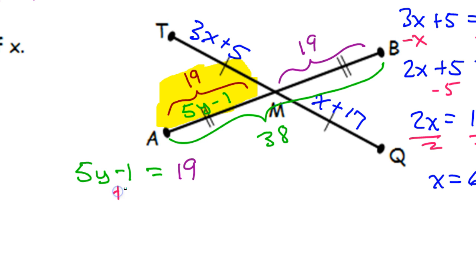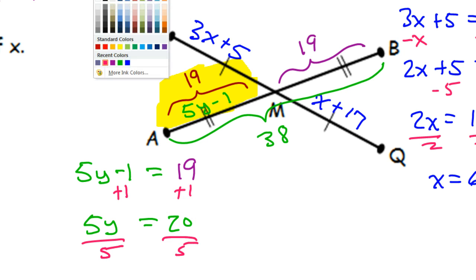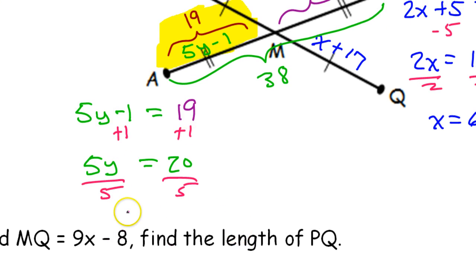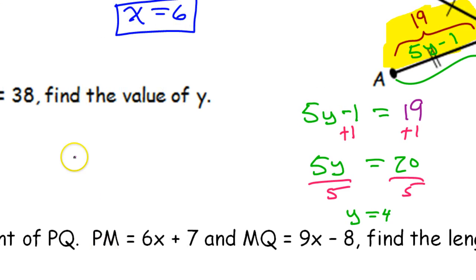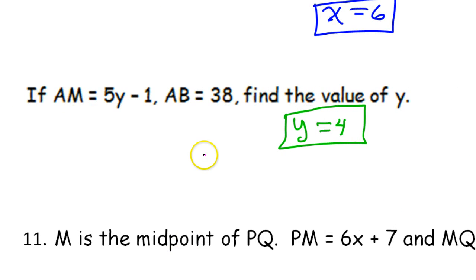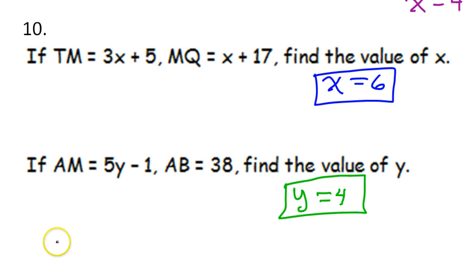Let's add 1 to both sides, and that's going to give me 5y is equal to 20. And then we will divide both sides by 5. And that's going to give me that y is equal to 4. Okay, find the value of y, you say? No problem. Y is equal to 4. Okay, so that is the answer. Well, those are both of the answers to number 10.